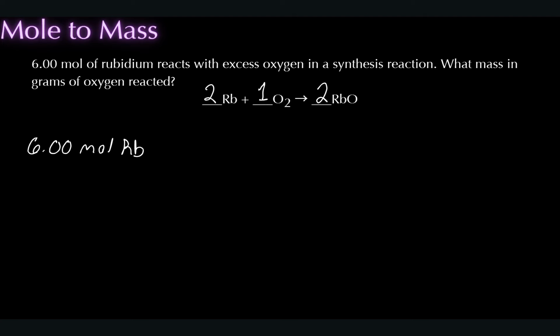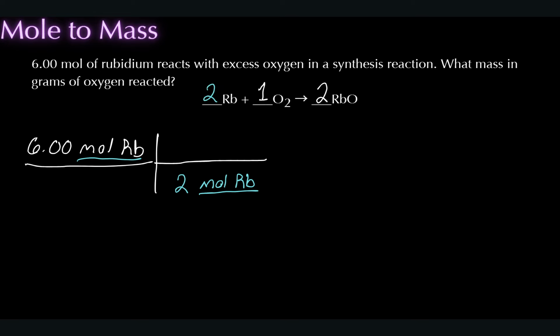So we're going to start with our 6.00 moles of rubidium. Now, setting this up in our chart, we should remember that if I have the moles of rubidium on top, I should end up with the moles of rubidium on the bottom. Remembering from our mole to mole and looking at our mole ratio in the balanced chemical equation, I have 2 moles of rubidium, and I'm going to set that equal to the compound that I really want to find.